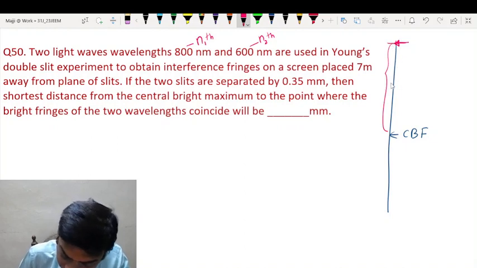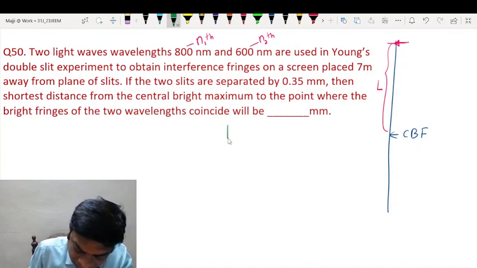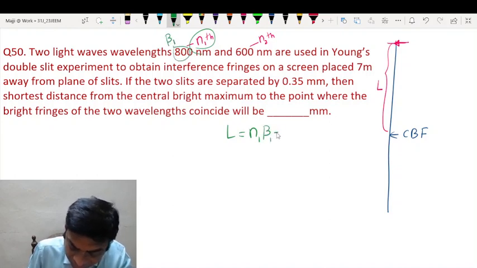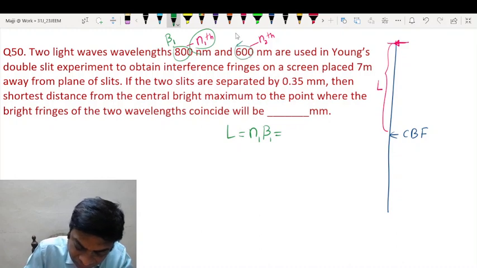If I take this distance as L, then I can write L as n1 times the fringe width. I'll take the fringe width for this as beta 1 and the fringe width for the 600 nanometer as beta 2.